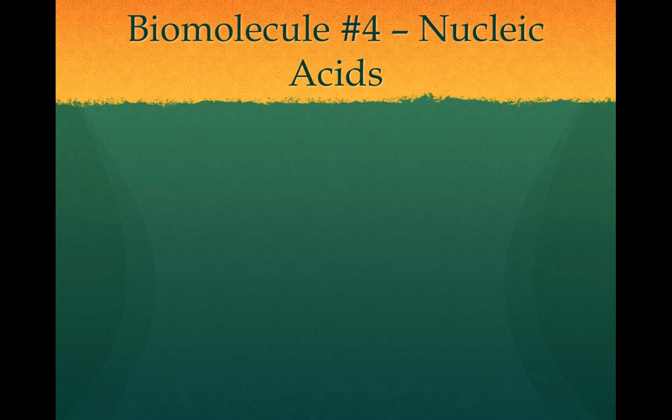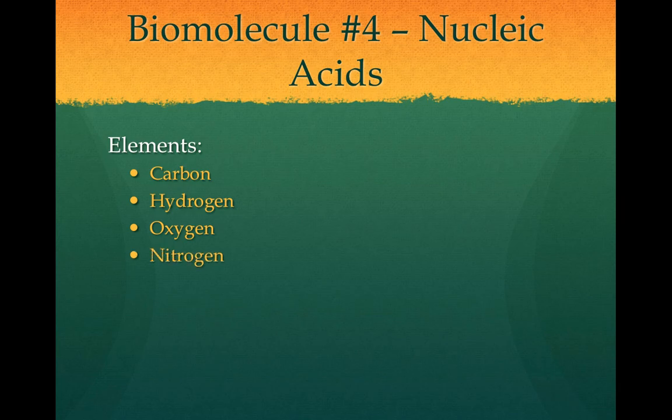So out of our elements of life, our CHNOPs, we need carbon, as always, hydrogen, oxygen, which is normal. Everything we've seen so far has those three things, so we should be expecting that. But as you can see, you have 2 more blanks, so we're going to add some more in here. We definitely need some nitrogen.